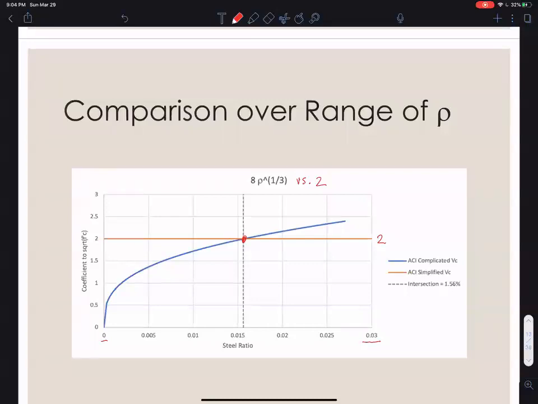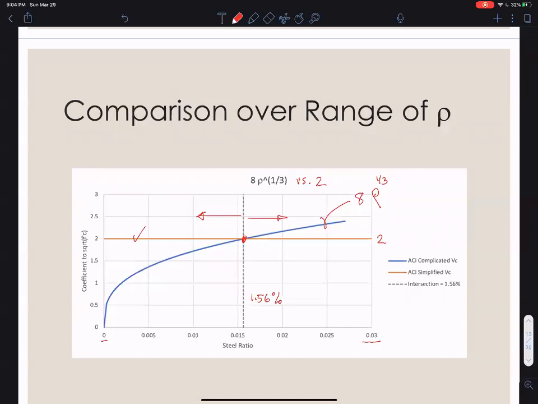And this percentage here was 1.56%. And so anything below 1.56%, you're going to use the 2. It makes more sense to use a 2. And anything greater than 1.56%, you would use the complicated equation, which was 8 rho to the 1/3 power. It's not that complicated.